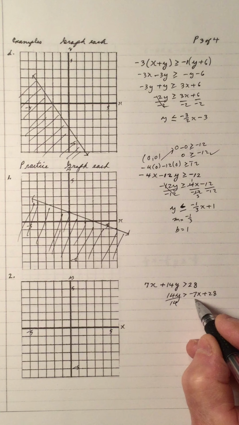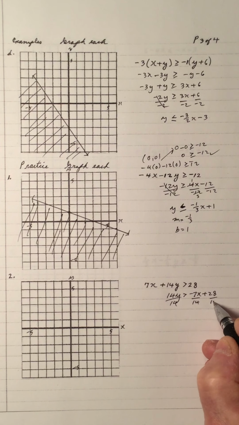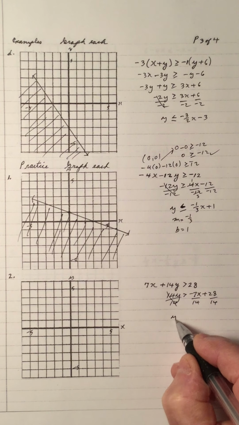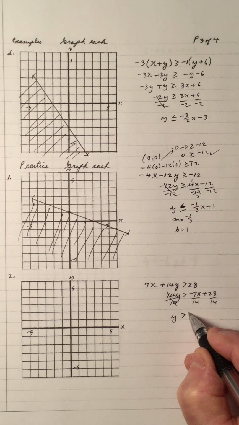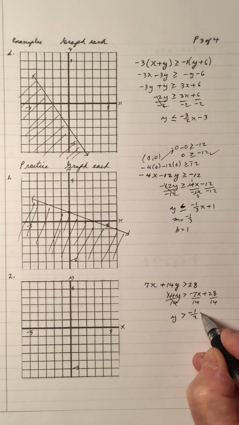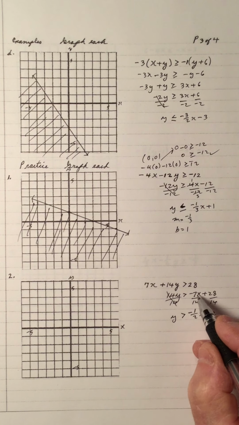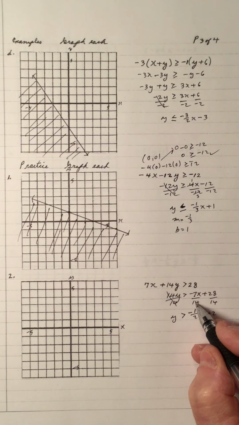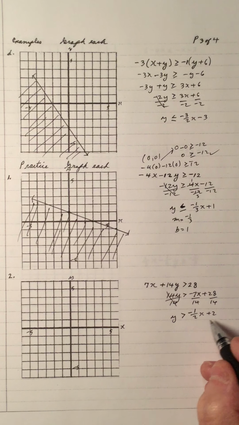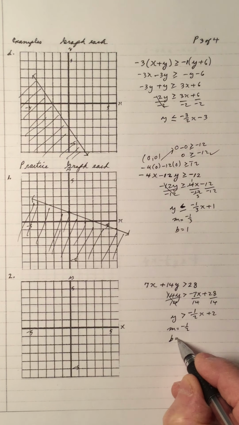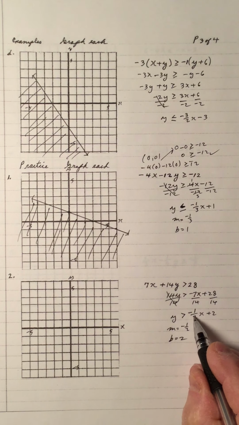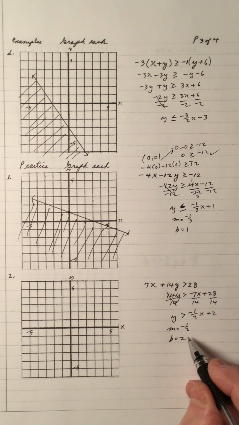We divide all terms by 14. 14 cancels, we get a 1. Divided by a positive number, so it stays greater than negative 1 over 2 x plus 2. 7 to 7 goes 1, 7 to 14 goes 2. And we got a slope of negative a half. Y-intercept of 2. That's the slope, that's the y-intercept.